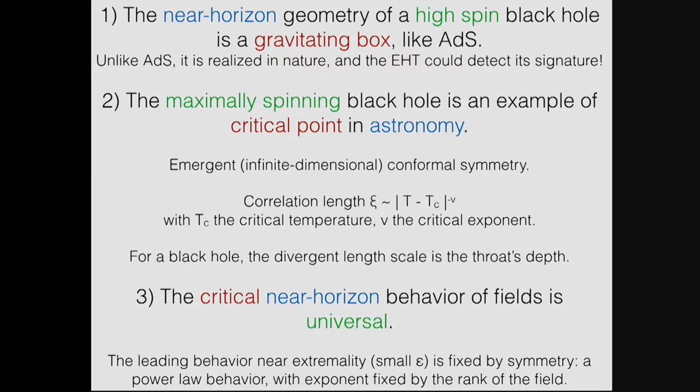Typically when you approach a critical point, various physical quantities will go like T minus Tc, which is how far away you are from the critical temperature, to some power, which is the critical exponent. The exact same story applies here. If you go slightly away from the critical point, things will slowly start to break, and depending on what signal you look at, the symmetry will get broken at different rates.